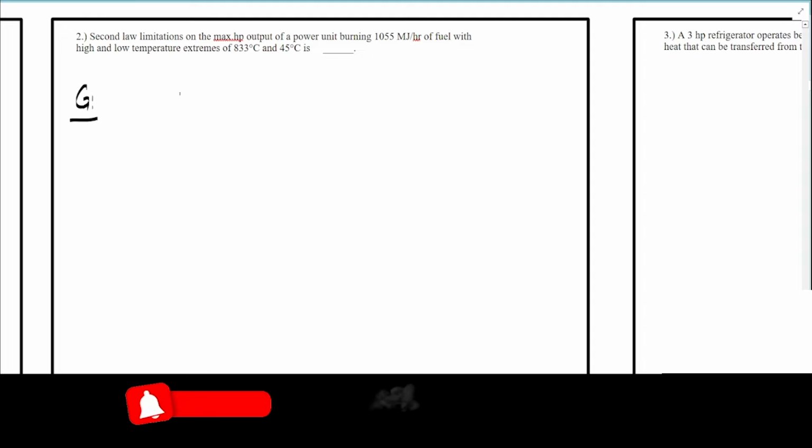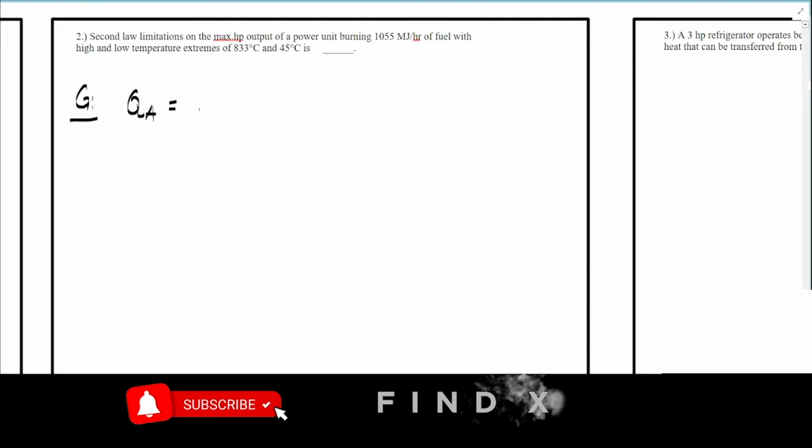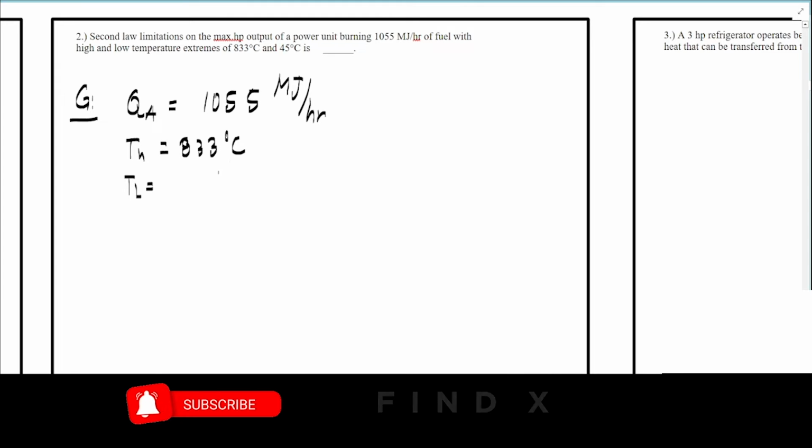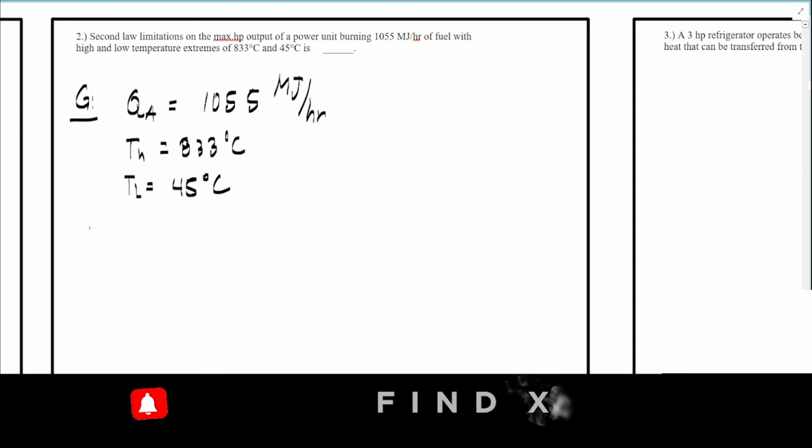We have the 1055, that will be your QA, megajoules per hour. What else? We have TH and TL, 833 Celsius and 45 Celsius.